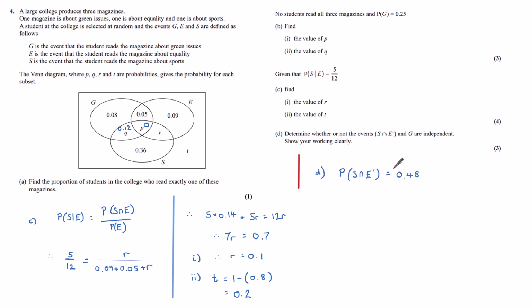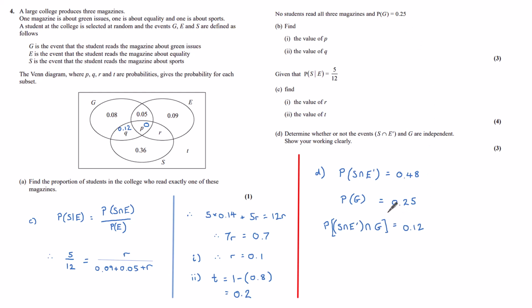And so let's start by finding the probability of S and not E. So if we look, S and not E are these 2 values added together. So that is 0.36 plus 0.12, which is 0.48. The probability of G, we know already to be 0.25.